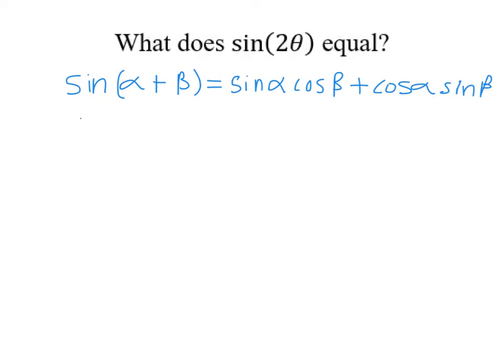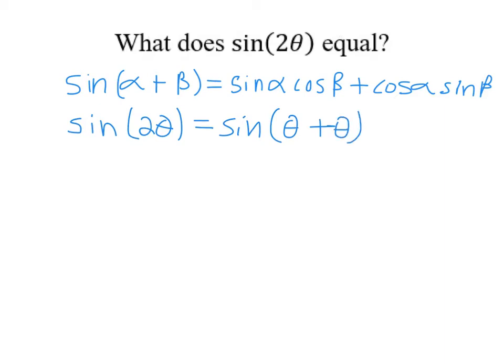To get the sine of 2 theta, we need to think of that as the sine of theta plus theta. So, why don't you pause the video and see what you get when you apply this sum identity to the sine of theta plus theta. Just let one of the thetas be your alpha, the other be your beta, and see what you get.